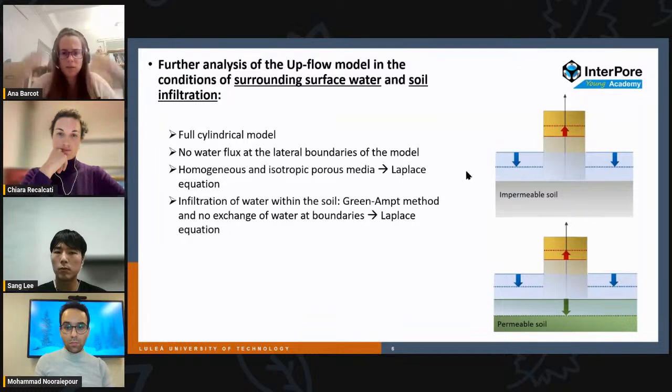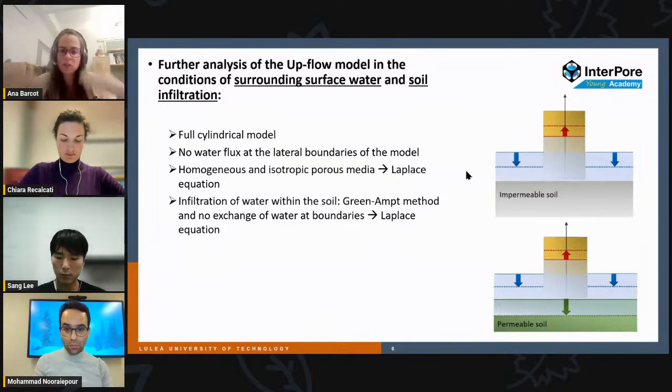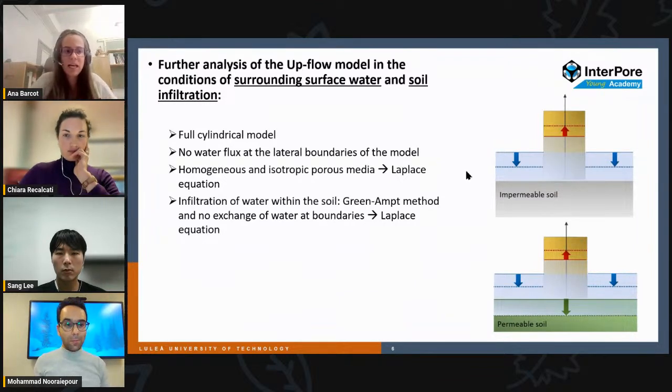Further, by applying the uniqueness theorem, due to having the Laplace equation and no flux boundary conditions, it is very easy to check that the solution of the flow uptake will be one-dimensional. So we only have the vertical uptake of the water, no horizontal movements within the model.